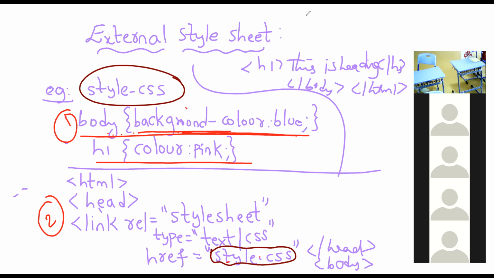The disadvantage of an external style sheet is that we are linking all the web pages to the CSS file, so whatever declaration we give in the CSS file will be carried forward to all the web pages. Individually we cannot. That becomes an internal style again, right? So external means all the web pages at a time will be applied. We can't give individual web page declarations in external. Clear?